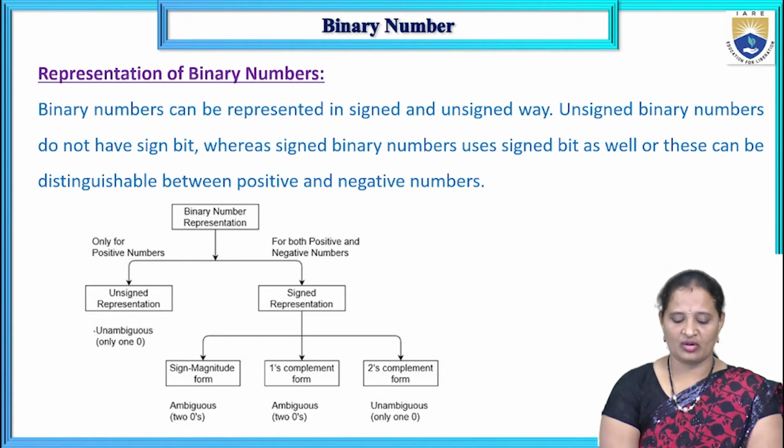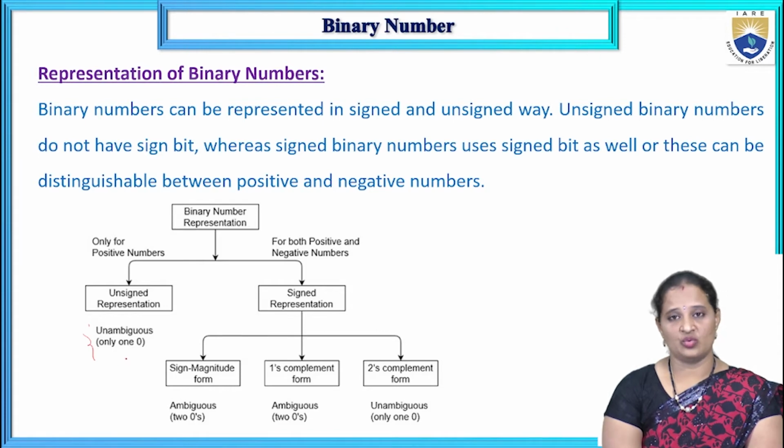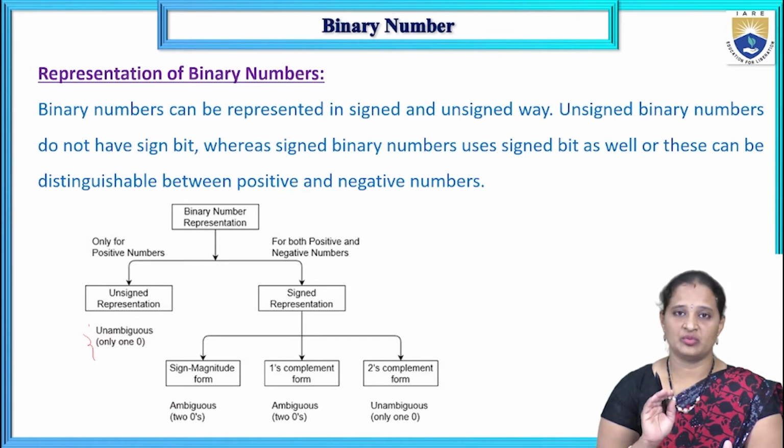Here I have written one comment on each and every representation. Unsigned has an unambiguous 0, that is only one 0. Whereas signed magnitude representation has an ambiguous 0, that is we have two representations for 0. That is ambiguous because we should have only one representation for 0, but here in signed magnitude form, we have two representations for 0.